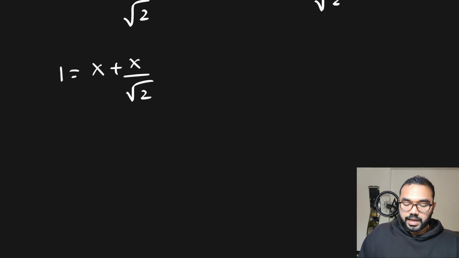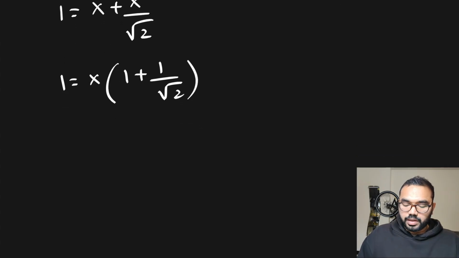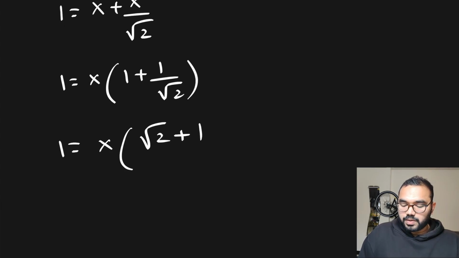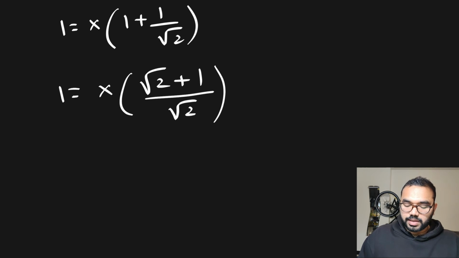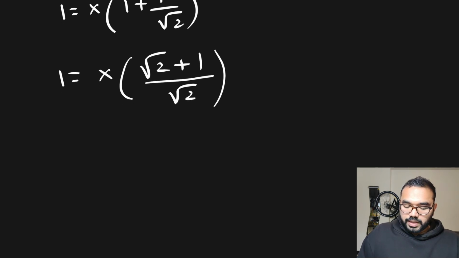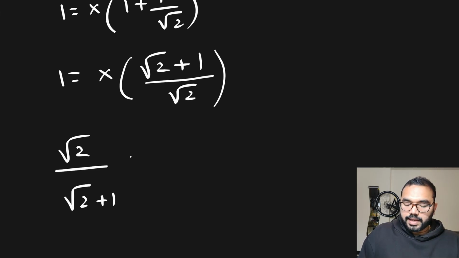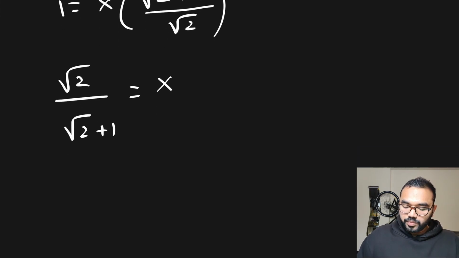I will take x as common, so it is 1 plus 1 by square root of 2, and so 1 is x times (square root of 2 plus 1) divided by square root of 2. Now bring these to the opposite side, so x is square root of 2 divided by (square root of 2 plus 1).